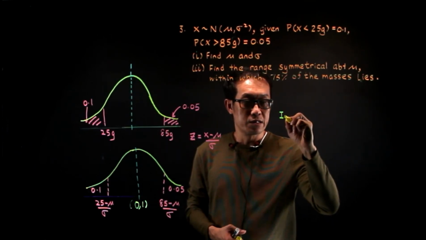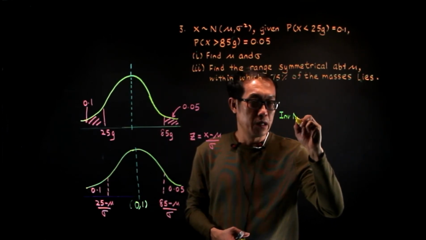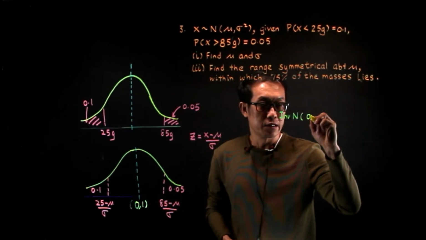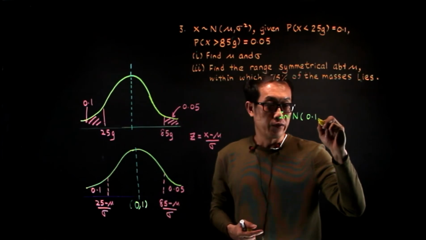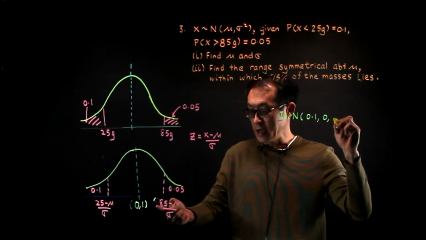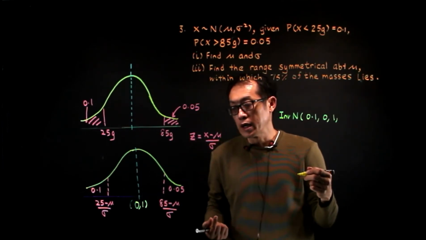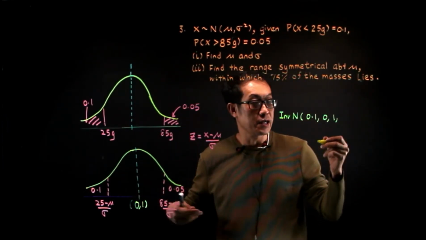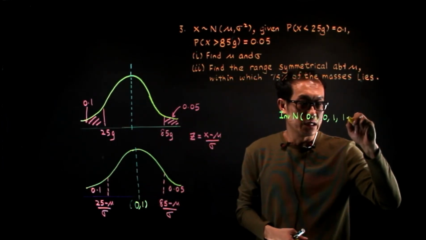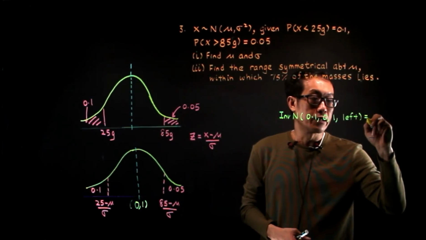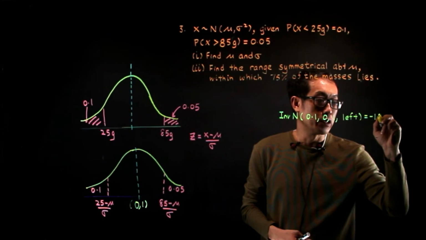So inverse normal of 0.1, that's the area, followed by the mean and the variance, and you must indicate in the calculator that it is on the left hand side of the graph. So it's left, and you get the value of minus 1.281.